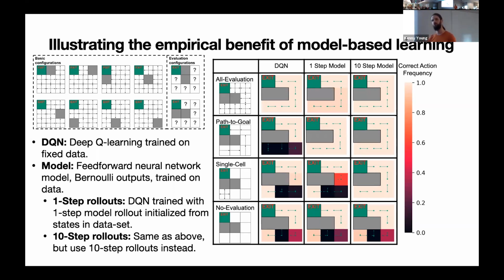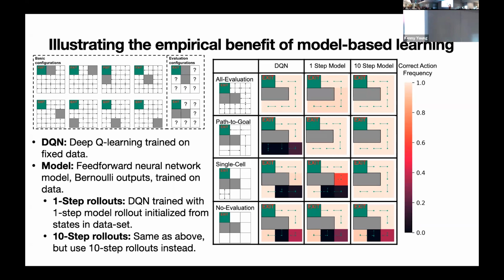And both DQN and models are updated with the online data as well? Neither of them are updated with any online data, but they both have some data from the evaluation configuration, if that's what you mean. Well, I meant when you're interacting in this new grid, do you update? No, there's no update that happens. It's not so much a new world. I'm calling the environment here every possible layout of walls you could have in a maze, but I'm just including different levels of data about these 2-wall configurations.